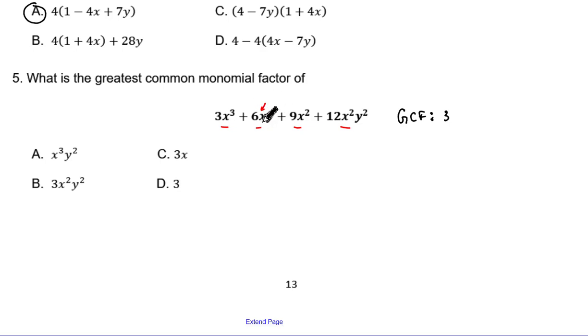I can only take out 1, which means I can only take out 1 from all of them. So x, and then that's it, because this one has a y, this one does not. So y is not common in all of my terms. So the GCF is only 3x. Okay?